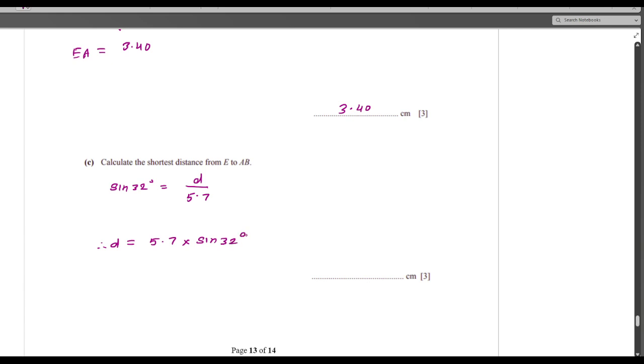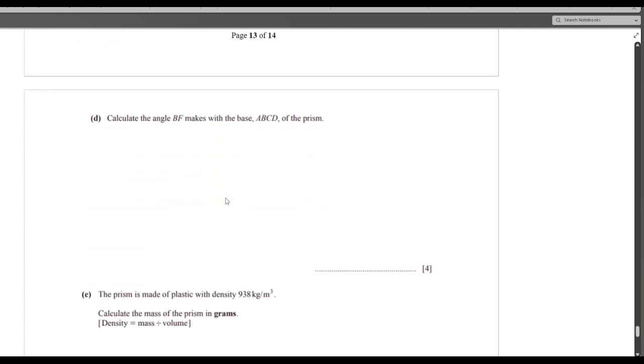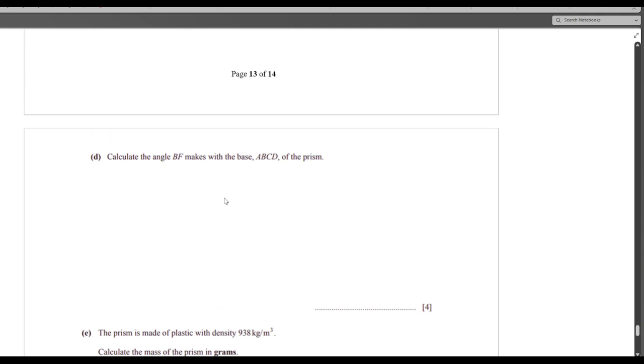So 5.7 times sine of 32 is 3.02 centimeters. Okay, now part D: calculate the angle BF makes with the base ABCD of the prism.